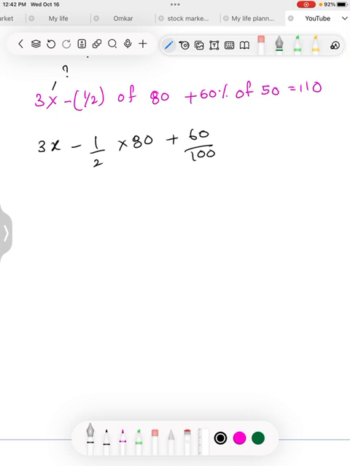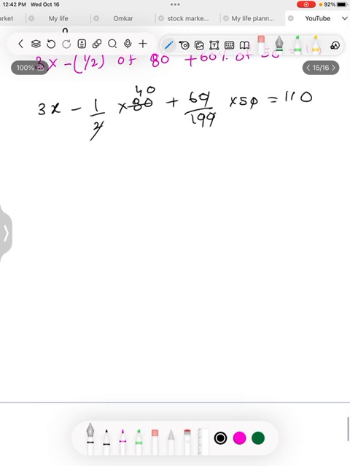So here you can see, you can just cancel it in this way. Just cancel. So in this way we will get, sorry, actually there is a minus over here, right? So here you will get it in this way.